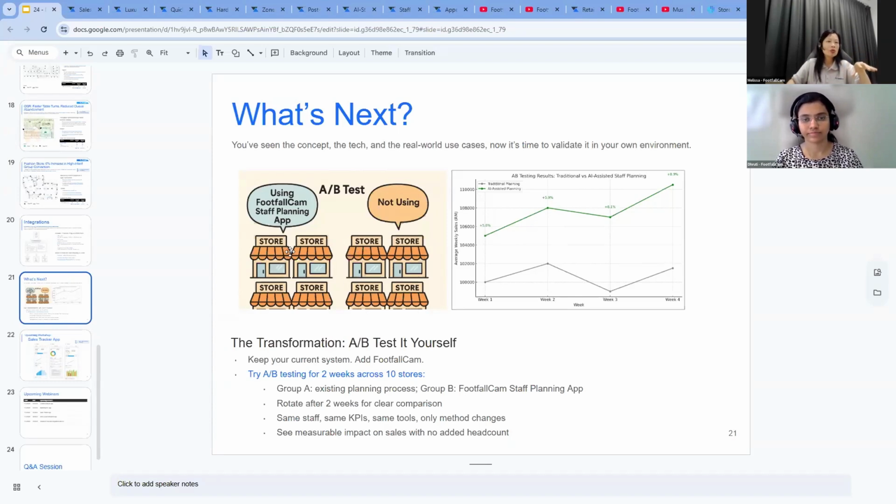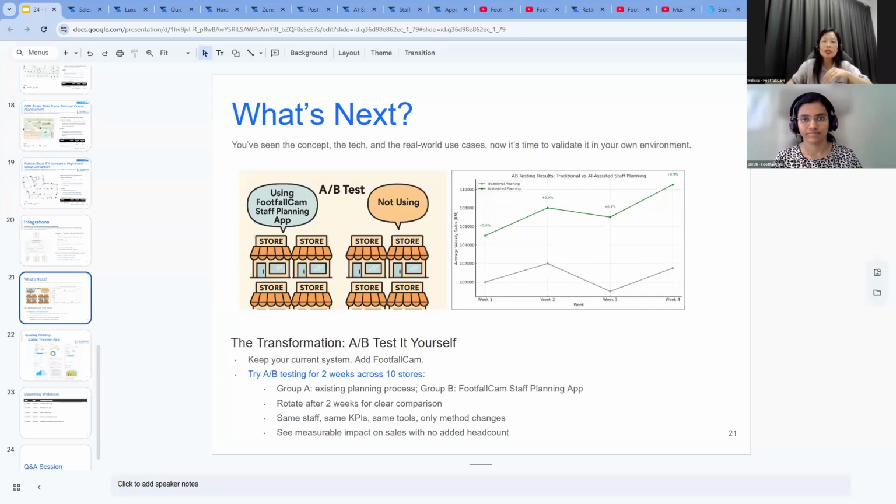And you take another 5 stores that probably just started a pilot with FootfallCam devices, and you use the FootfallCam staff planning app on them, keeping everything else the same: same WFM platform, same sales target, same staff pool. And you just compare the difference, with the staff planning app and without it, and see if there's actually a difference.